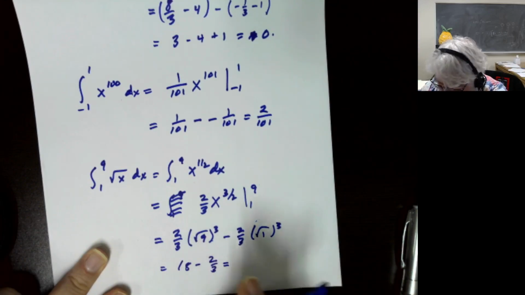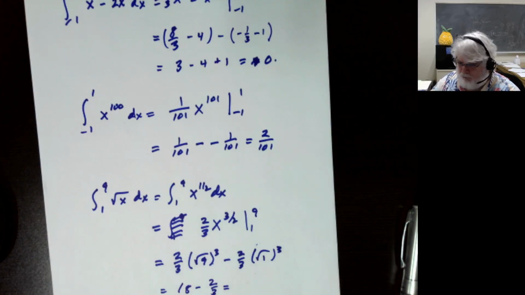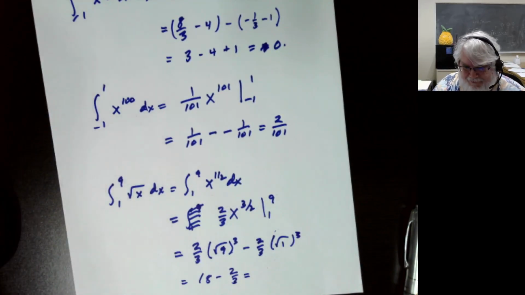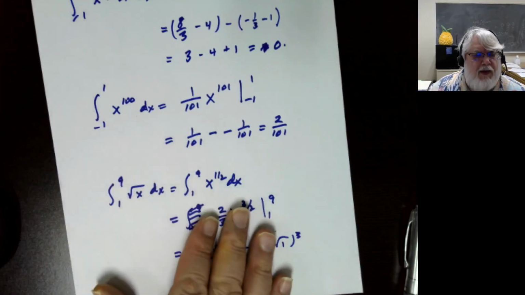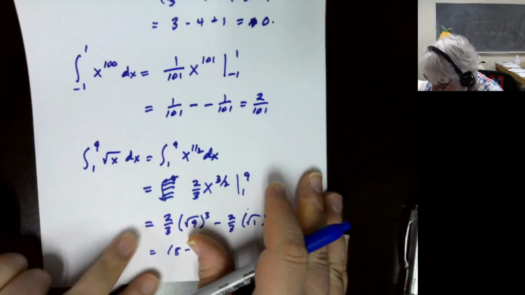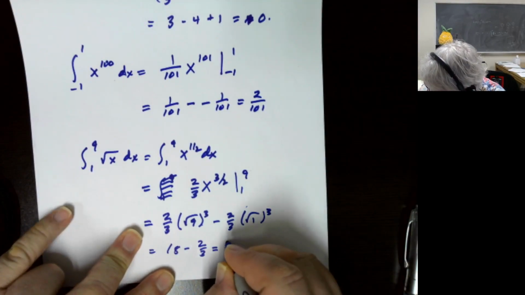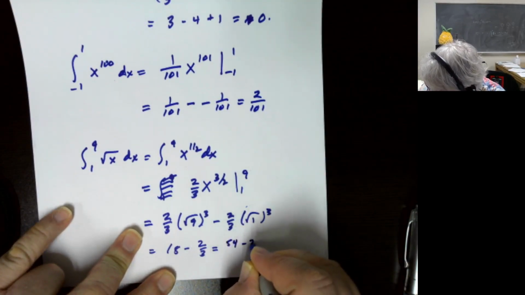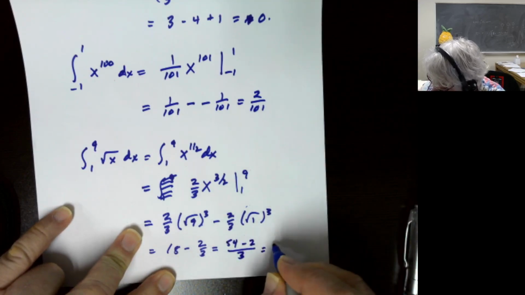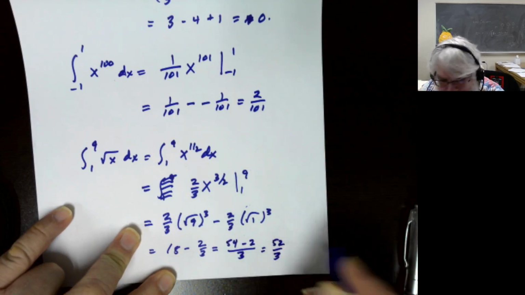Let's see, so, oops, hang on. Okay, so let's see, on my calculator, we could work out 18 times 3, right? This is 54 minus 2 over 3, if you work it out. So that's 52 over 3.